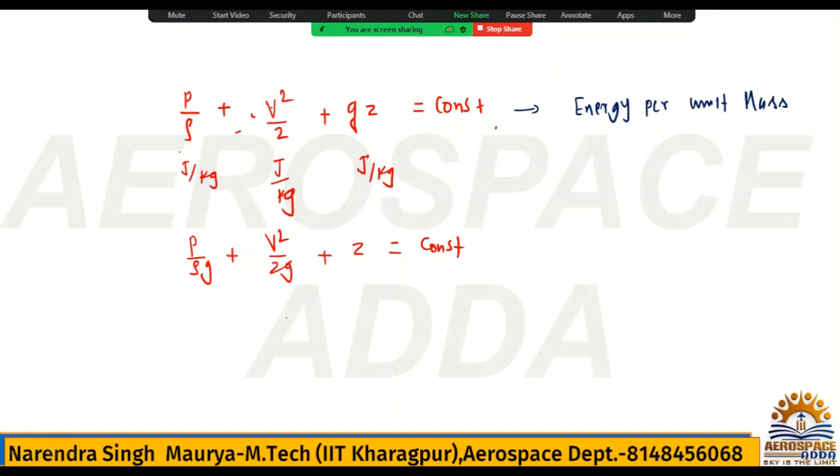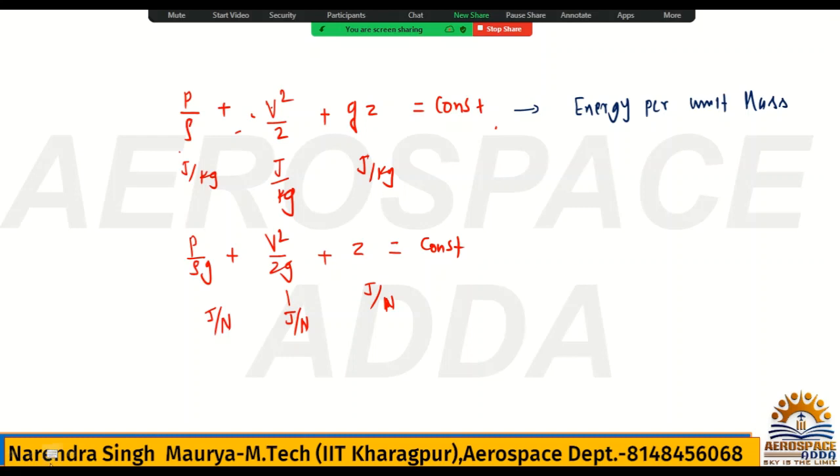Now check the unit. See, generally what is the kinetic energy? Half mv square. So this is v square by 2g. Mass is not here, so it becomes specific energy, or energy per unit mass. Now it is divided by g also, so mass into g is nothing but weight. So the unit becomes joule per Newton, because weight is now in the denominator. This is also joule per Newton, and obviously this will also be joule per Newton.